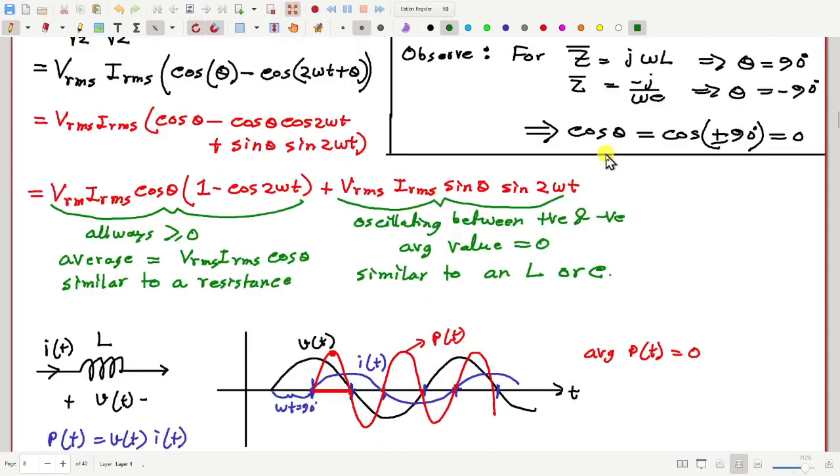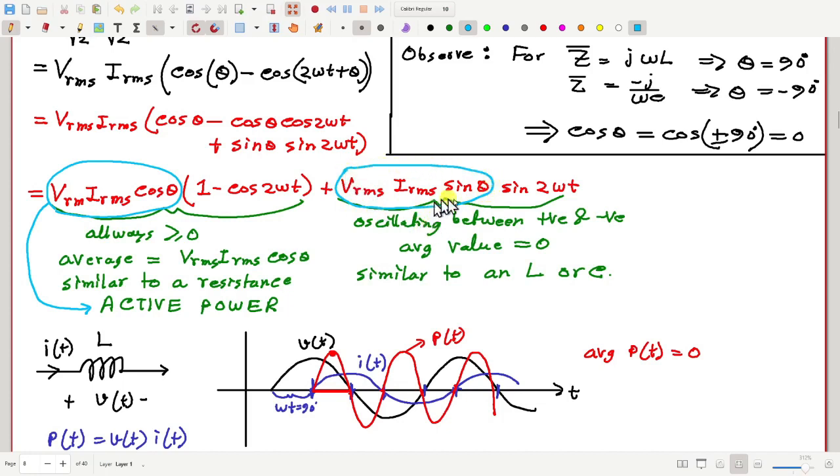Now this first term is called the active power. Actually, the coefficient of this first term is called the active power, and the coefficient here is called the reactive power.